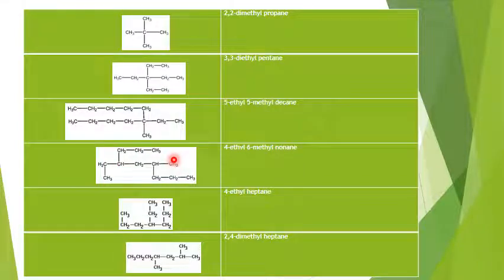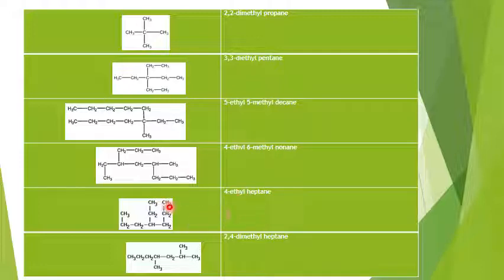So it's going to be ethyl, methyl. Now I have to figure out the numbering. So if this is number 1, they would be 4 and 6. If you go from here, they would be 1, 2, 3, 4, and 6 as well. So I guess it doesn't matter which way you go here. It would be 4-ethyl, 6-methyl nonane.